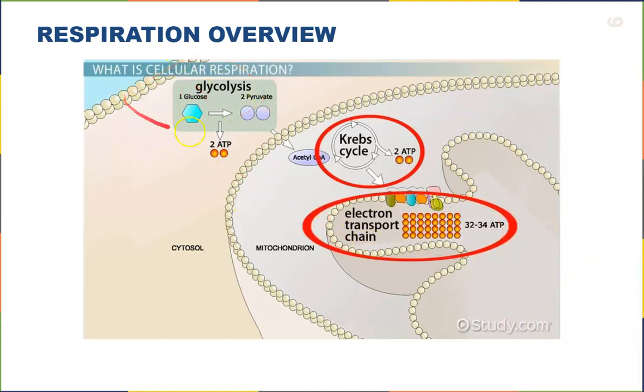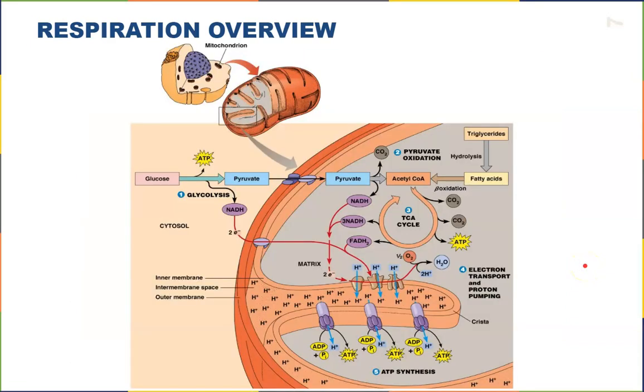So glycolysis starts with glucose, creates 2 ATP, it also creates pyruvate, and then the next step, if we have oxygen and a mitochondria, enters the mitochondria here, and then acetyl-CoA is formed, the Krebs cycle happens, and then boom, the electron transport chain, which is probably the most important part of cellular respiration since we're making all of our ATP here.